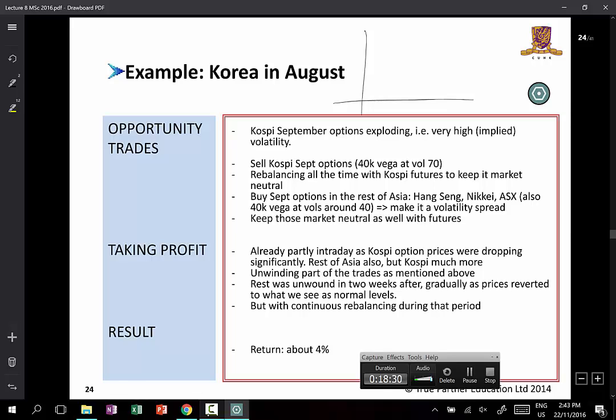For example, let's say the Korean market is quite correlated with the Hong Kong market and the Japanese market and the Australian market, or maybe even the China market.